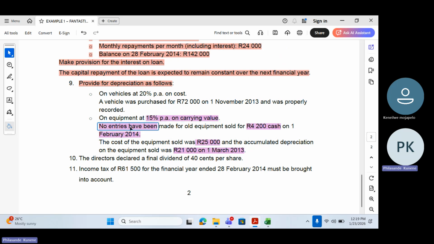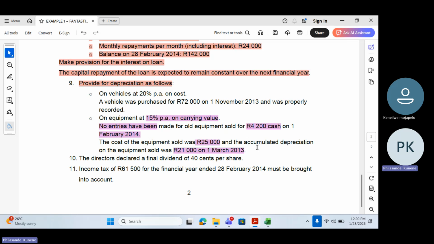They're saying no entries have been made for the old equipment sold for 4,200 cash on 1 February 2014. Then they're telling us that the cost of the equipment sold was 25,000 rands and the accumulated depreciation on the equipment sold was 21,000 on 1 March 2013.